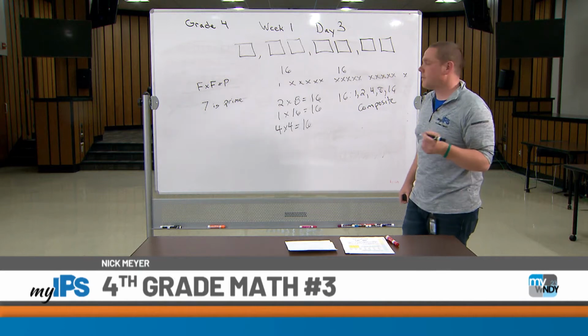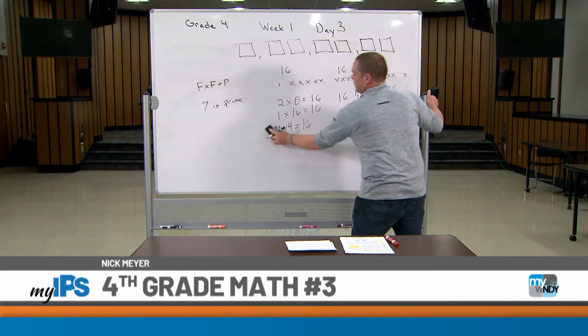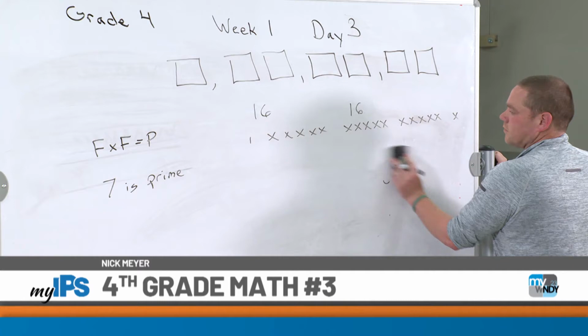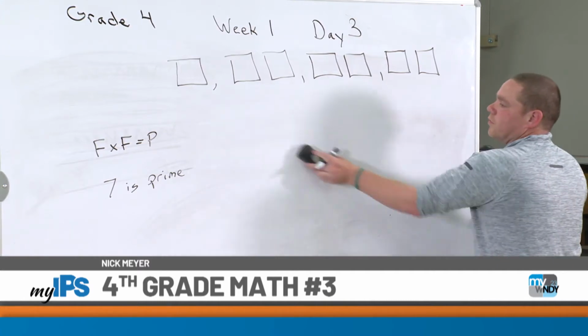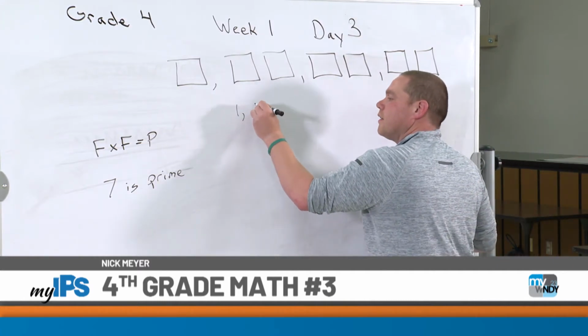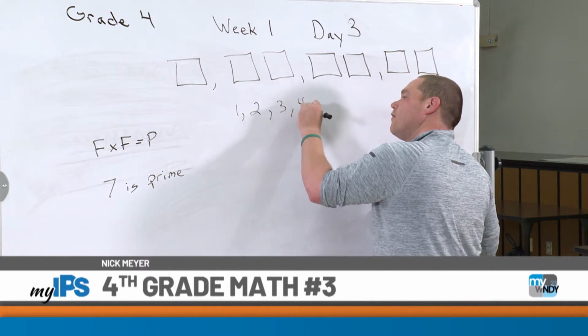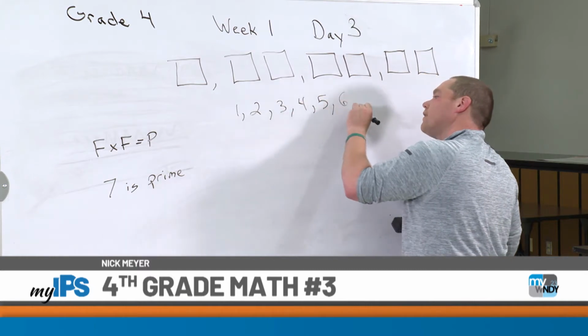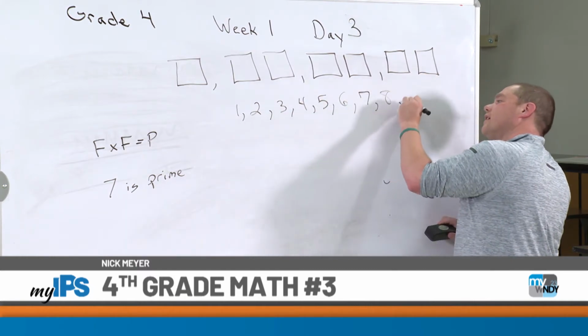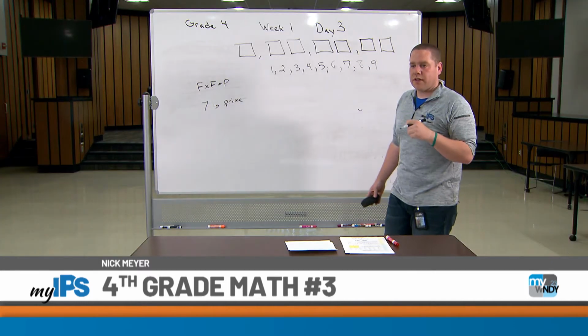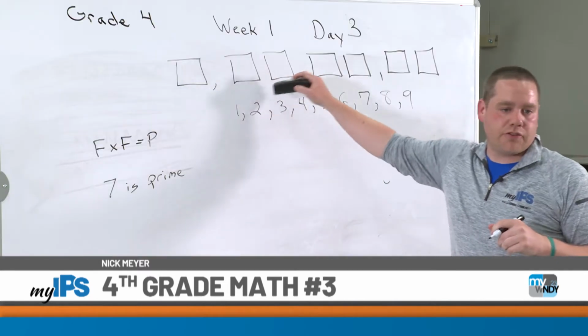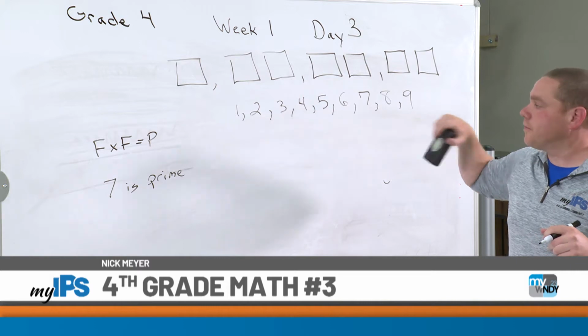Your goal is to see if you can make, using the digits 1, 2, 3, 4, 5, 6, 7, 8, and 9, 1 time each, a whole bunch of prime numbers.